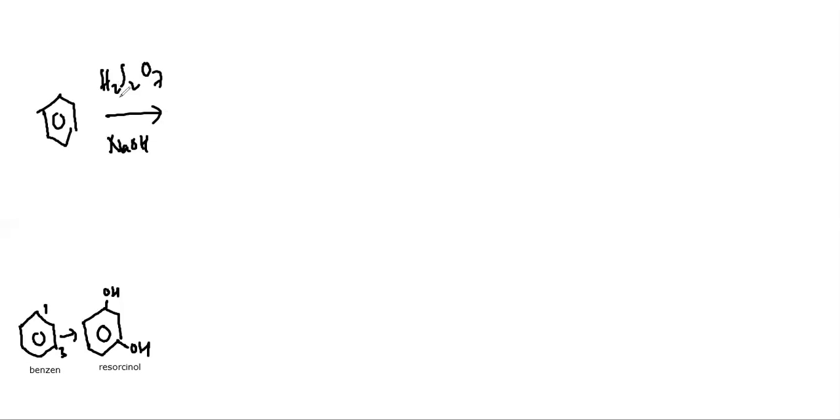As a result of adding these two, I will have SO3 minus and Na plus, and it will also be here, at carbon number 3, SO3 minus and Na plus.